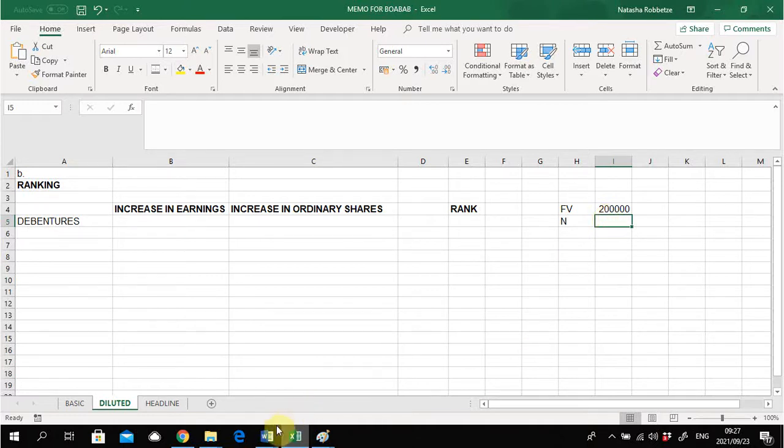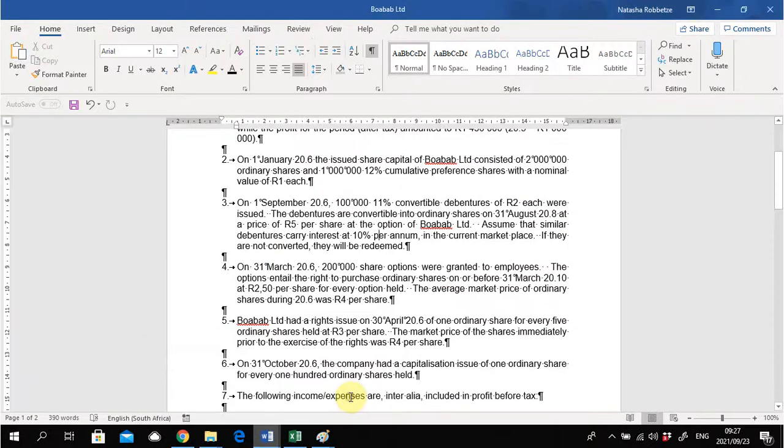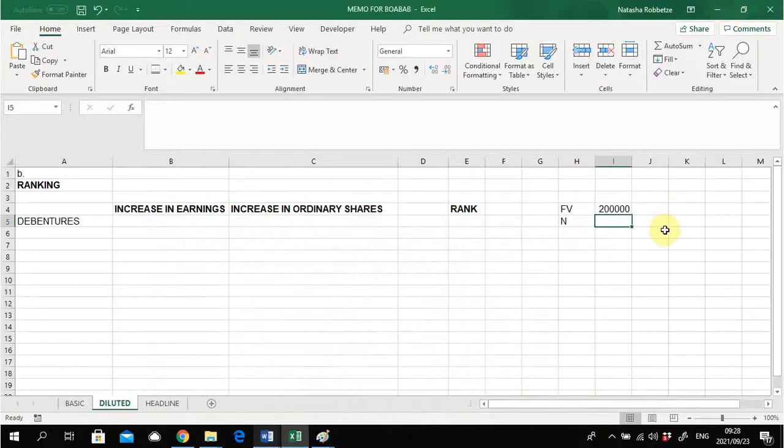It is issued in September of 2006 and it's redeemable in August 2008. So that would give you 2 years, because the first year will end August 2007, the second year will end August 2008. So the time period is 2 years.